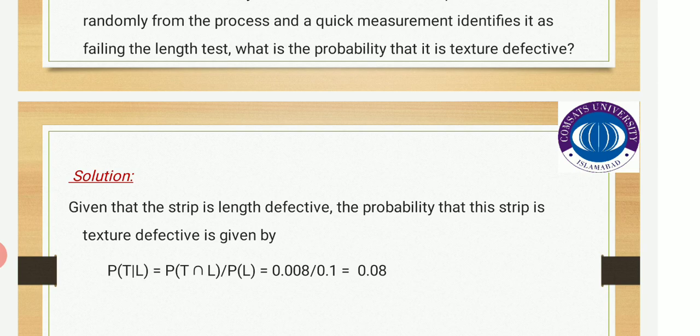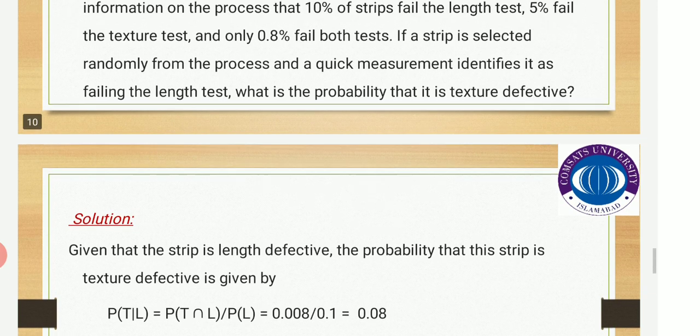It means T given L, because we already know that it fails the length test, which would be equal to probability T intersection L, meaning it is texture defective as well as it fails the length test.